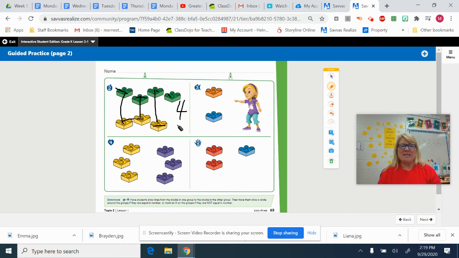We're going to put a 3 under it because we're not going to have room for our equal sign on this one, and they're not equal. So since they're not equal, you have to draw an X over the Legos because that's the directions. But what I want you to do is circle the group that is larger. So is the 4 larger or is the 3 larger? I bet you know. The 4 is bigger than the 3, so you're going to circle the 4.